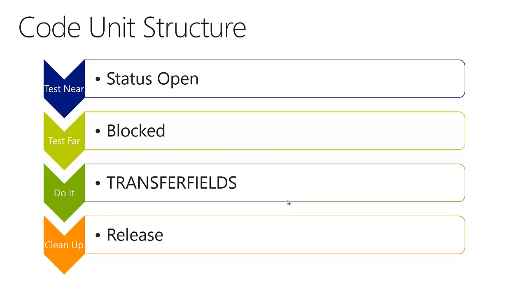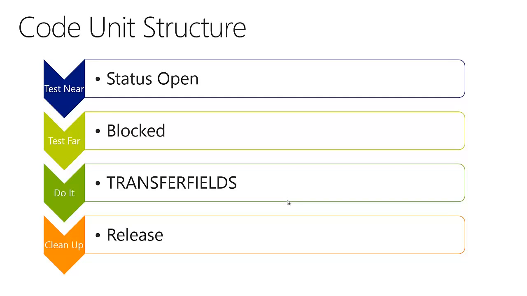The last piece that we have to add is moving the data from the unposted document to the posted document. If we look at the codeunit structure, we learned in the video how do I read and understand posting routines. We know that the codeunit has the test near, test far, do it, and cleanup.